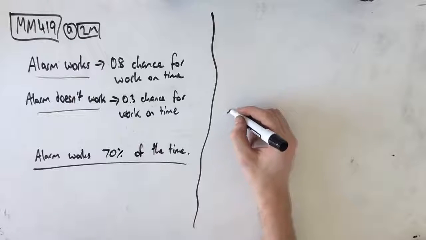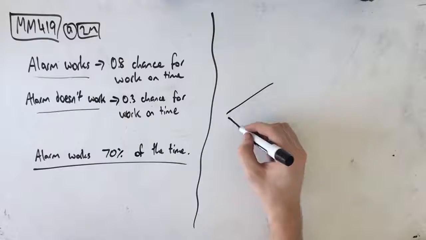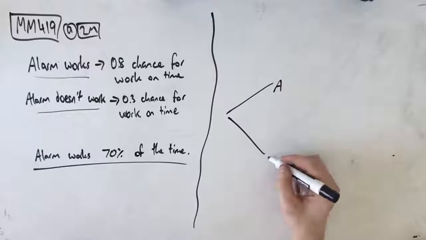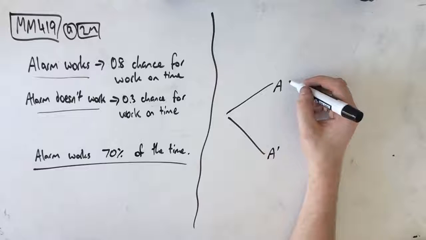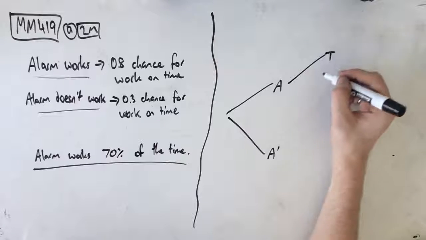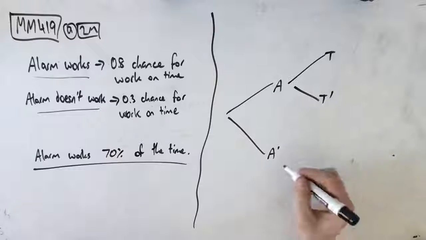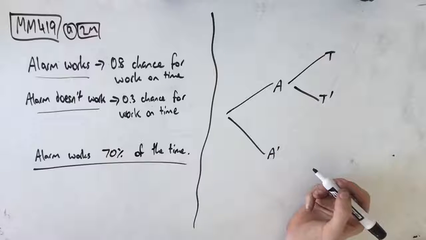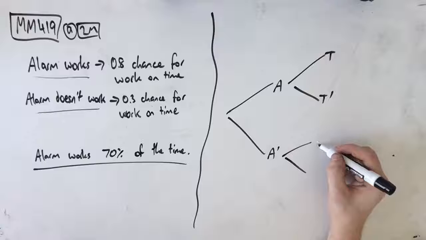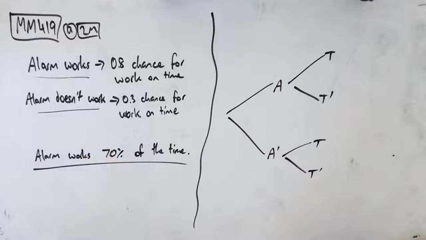So in the morning, Cal's alarm either goes off, as in it works, or it doesn't work, okay? And then if his alarm goes off, he either gets to work on time, or he doesn't get to work on time. Same as if it doesn't go off. So if his alarm does not go off, then he either gets to work on time, or he doesn't, okay?